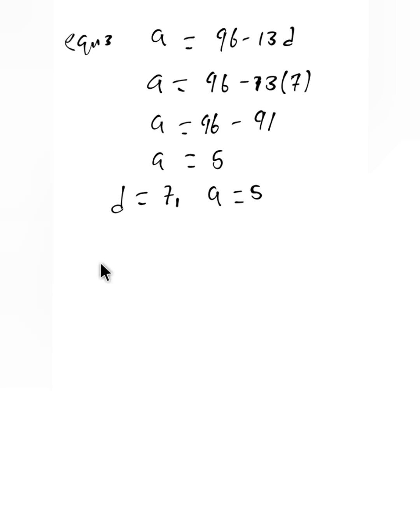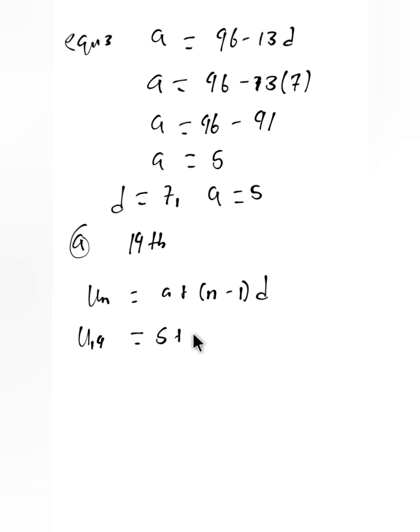So now, let's solve for part A. In the question, we are told to find the 19th term. Recall that Un is equal to A plus bracket n minus 1 D. So U19 will be equal to A, which is 5, plus bracket n, here 19, minus 1, D is 7.